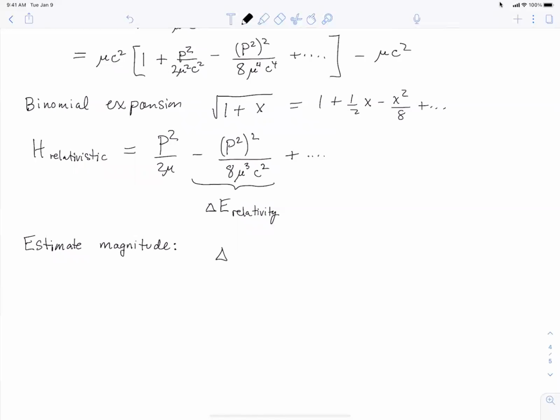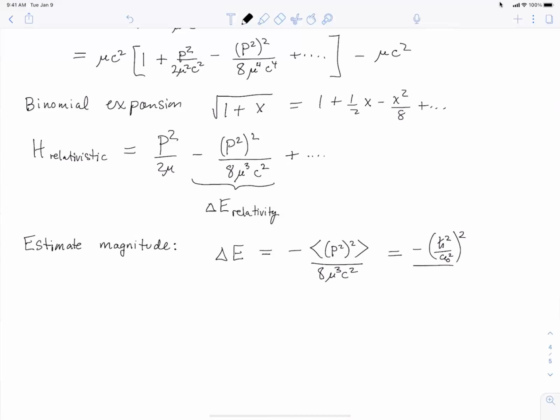Okay, but delta E relativity is, so what we're going to do for this estimate is just replace p squared by its expectation value. Earlier in the lecture, we worked out what that was. It was h bar squared over Bohr radius squared, and we're squaring it.